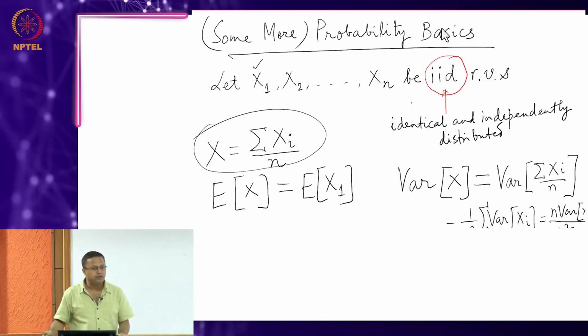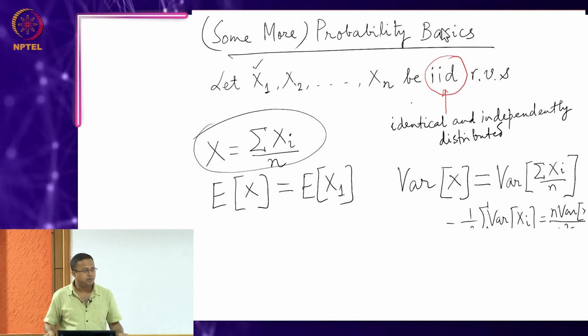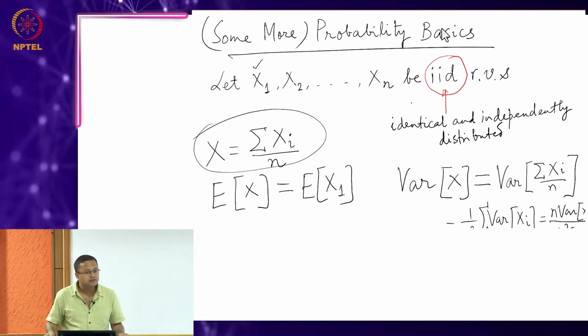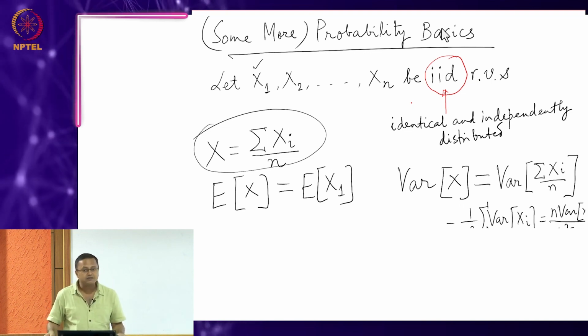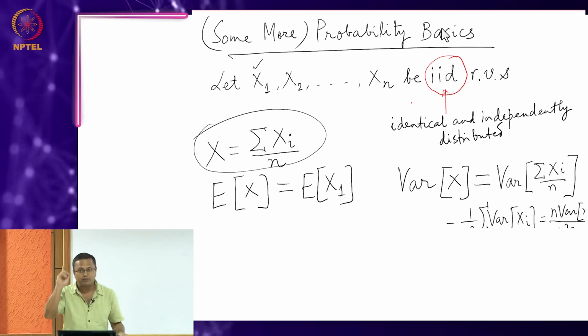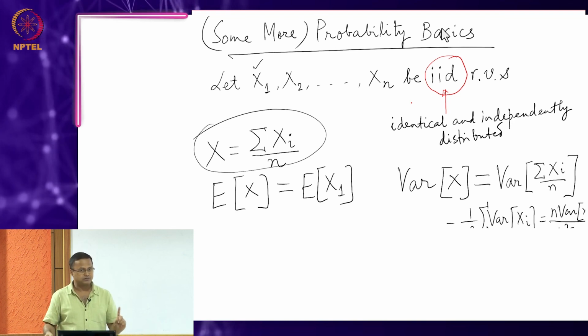What will that do for me? That will keep the expectation same, but it will reduce the variance, and that would tell me that my output is close to the expectation, because Chebyshev would then work nicely, right. So, I can do this.